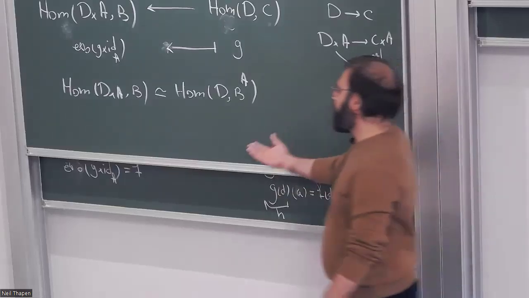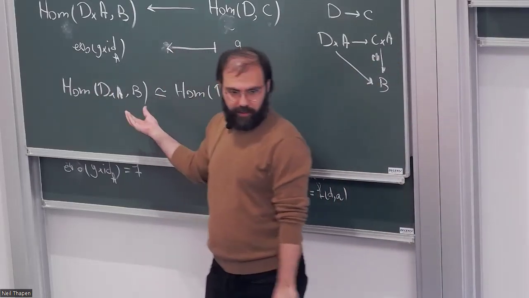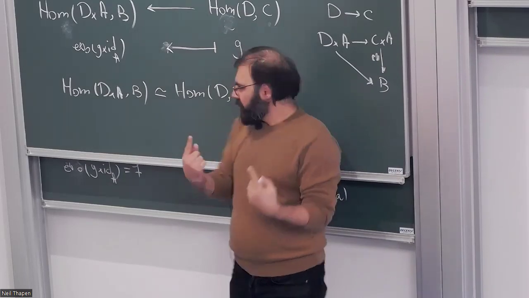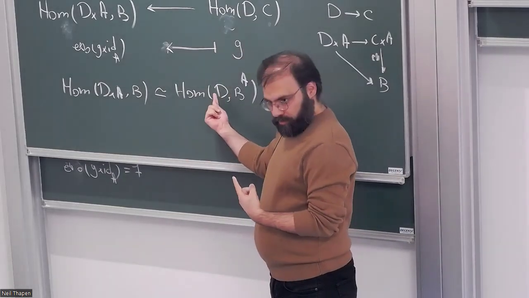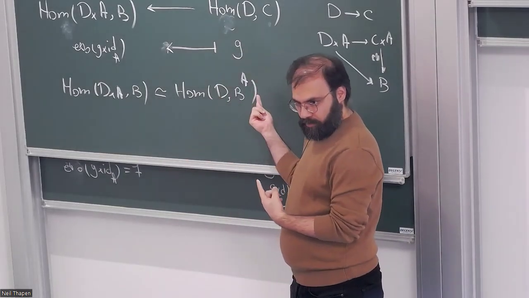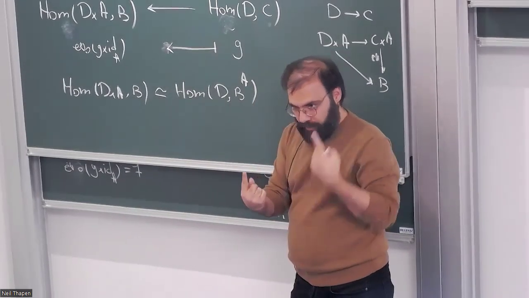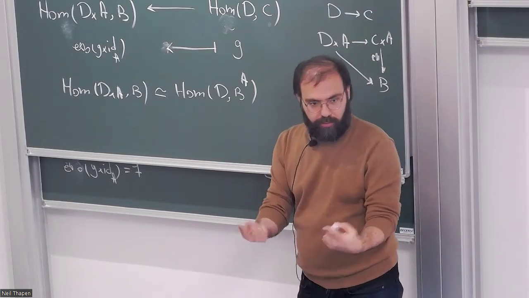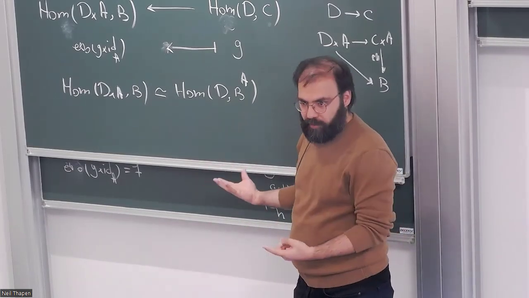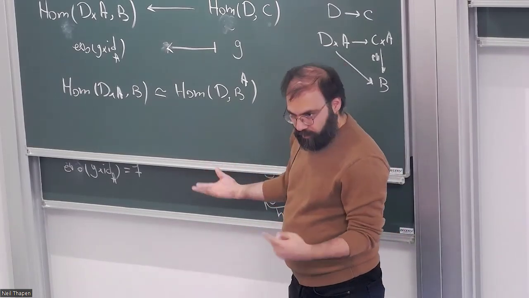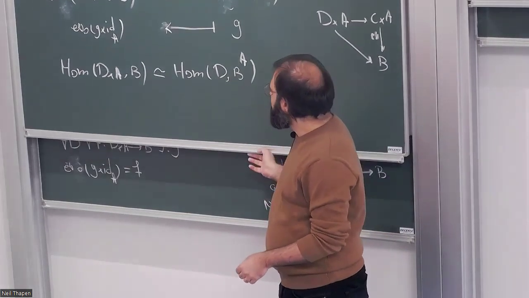If you have a function from D times A to B with two variables, simply you read D and you get a function based on A. If you have two variables, you can read one and then the other. So they are the same thing, and that is the definition of exponentiation.